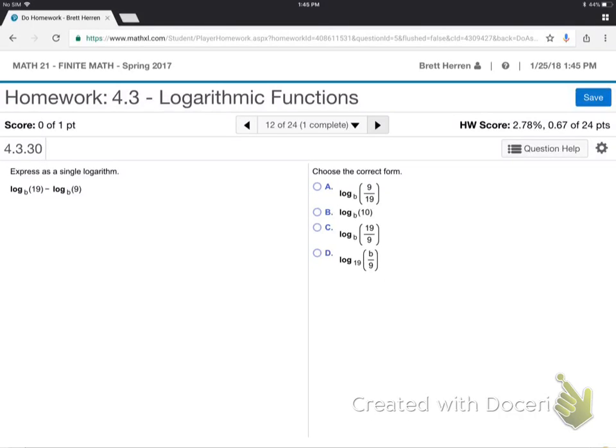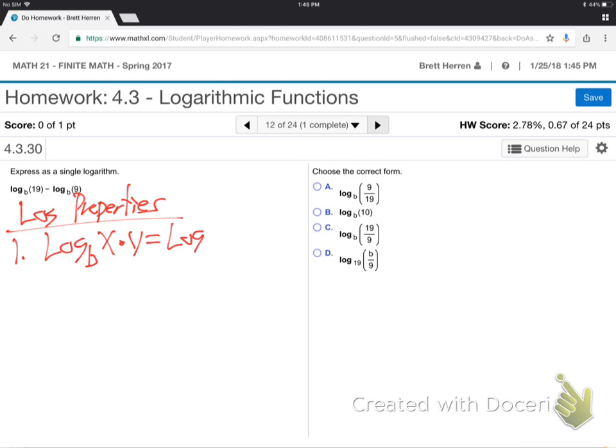Now we've got to deal with the actual properties. 3 log properties. Number 1, the log base b of x times y is log base b of x plus log base b of y.